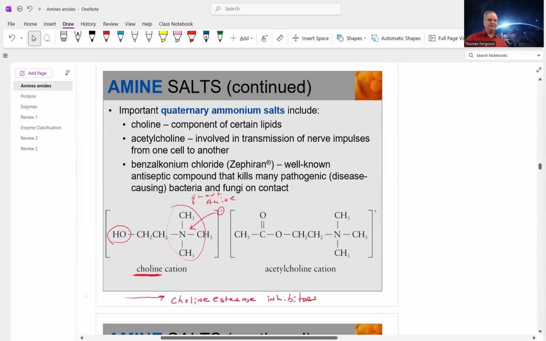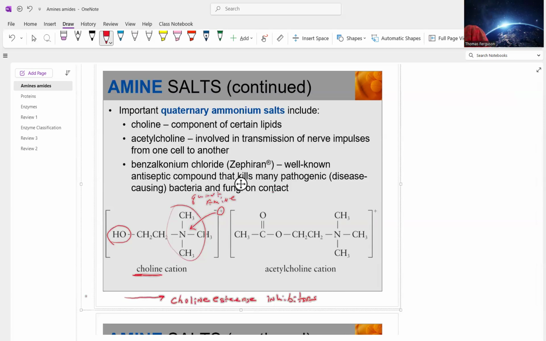From a biochemical perspective, choline is a really good example of a neurotransmitter. It's also a good example of a quaternary salt. So it looks like this. It's got a 2-carbon backbone.